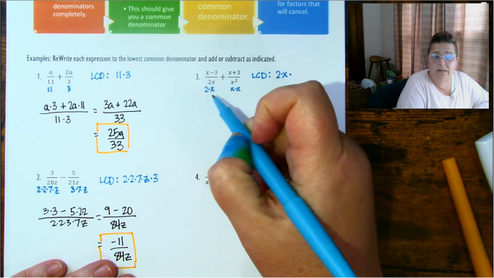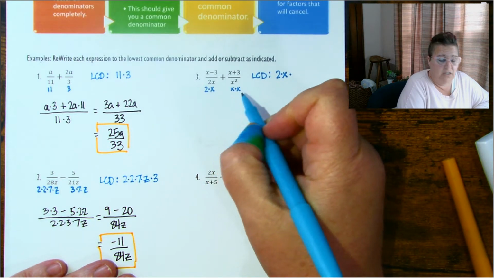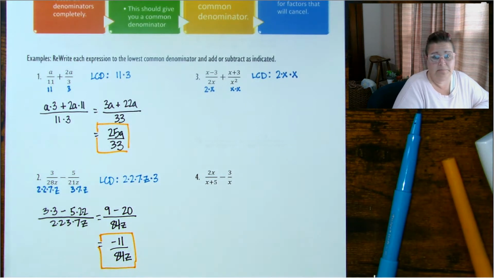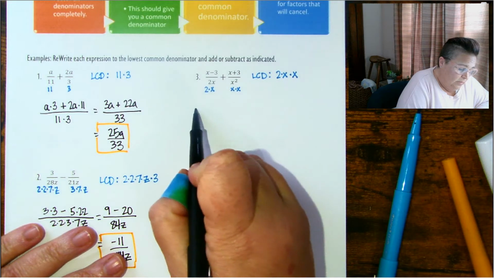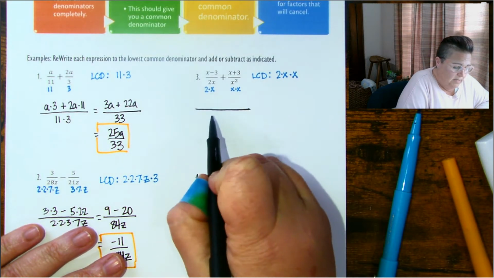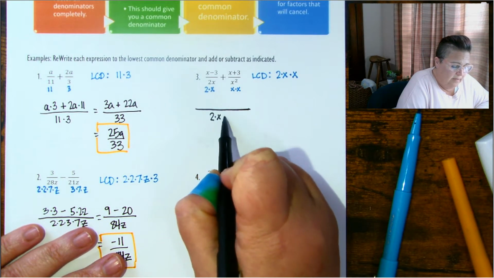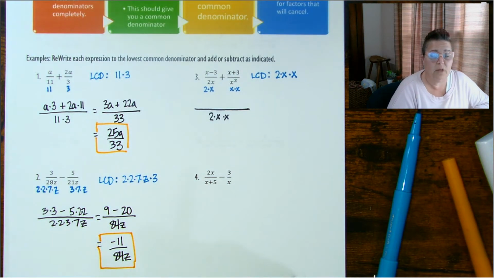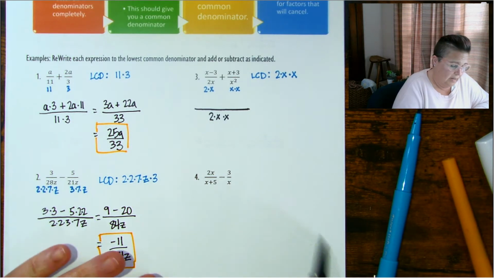Well, the first denominator only had 1 x. This has an additional x, so I need to multiply this by another x. This gives me a lowest common denominator of 2 times x times x. Is that 2x squared? Yes, but I do like to make sure that I'm including everything. So I am going to write it as 2 times x times x.